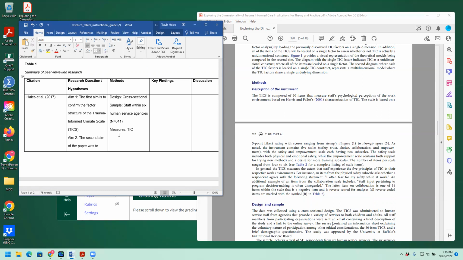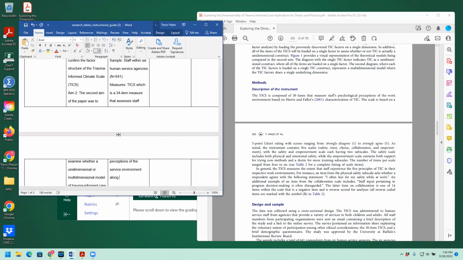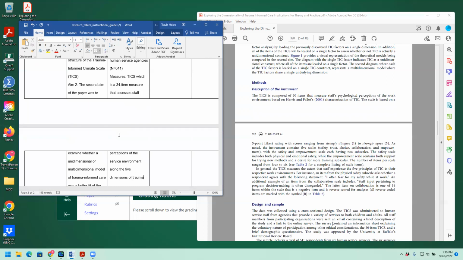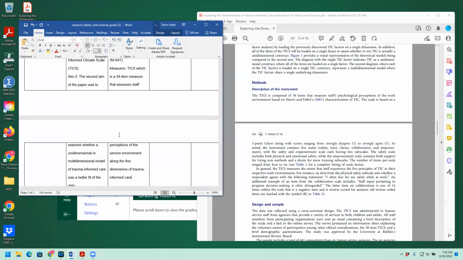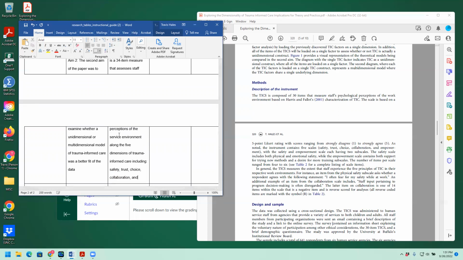And here I'm going to put TICS, which is a 34-item measure that assesses staff perceptions of the service environment along the 5 dimensions of trauma-informed care, including safety, trust, choice, collaboration, and empowerment.